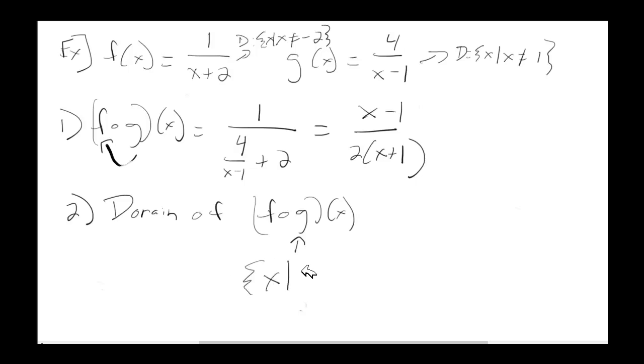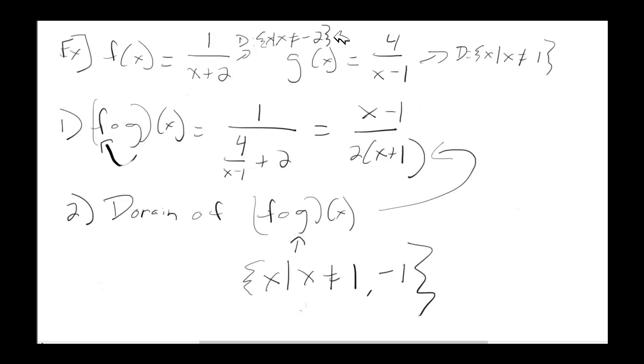So I know that x cannot be 1, because that would cause division by 0 in the inputting function, and you cannot do that. The other thing you have to look at is the actual composition itself. So when I look at this function, I can see it also cannot be minus 1, because that would cause division by 0. This is the domain of the function.